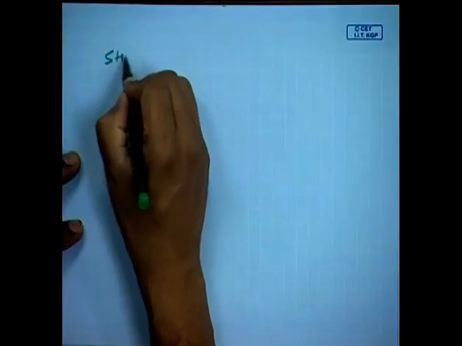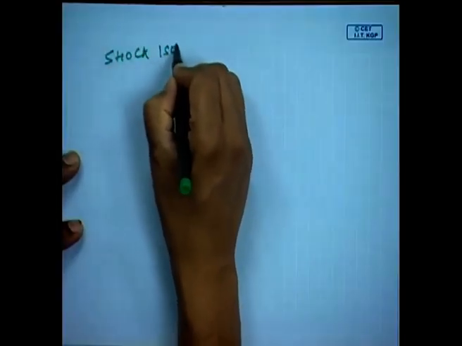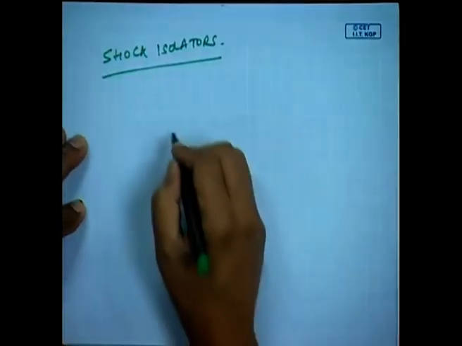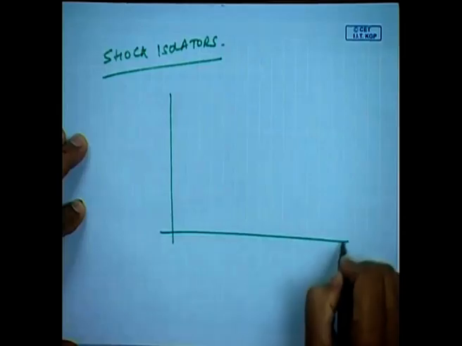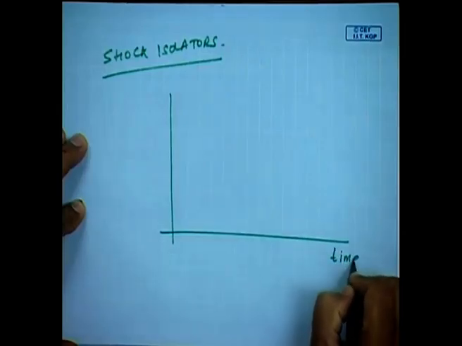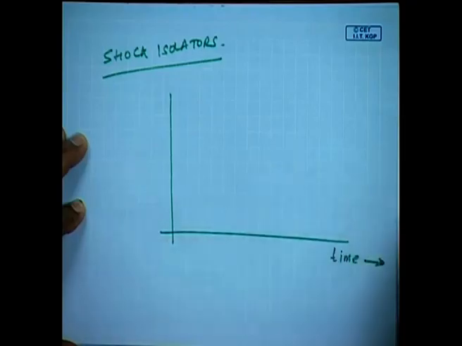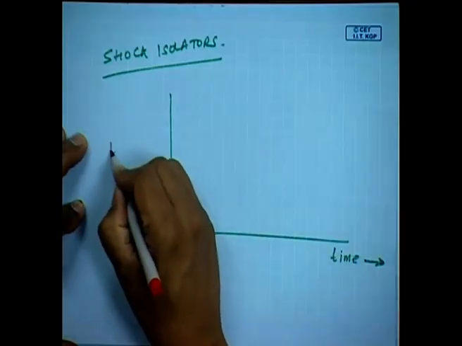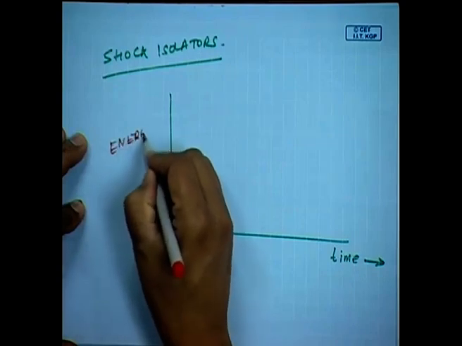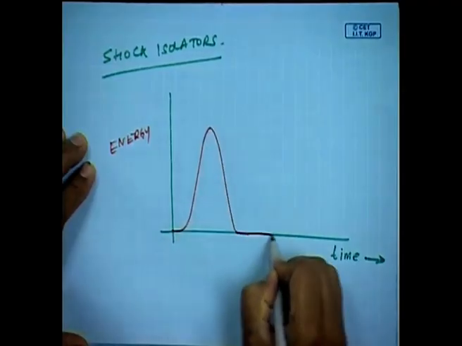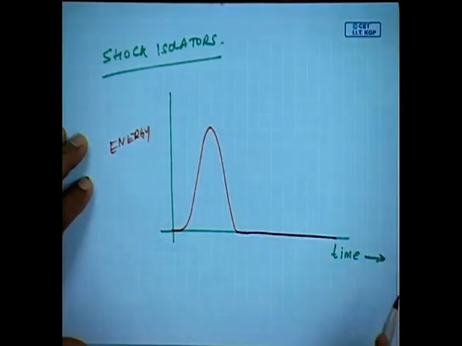So, in such a case, if you look at the energy point of view in shock isolators, if you look at the time, the energy is like this to begin with, okay.